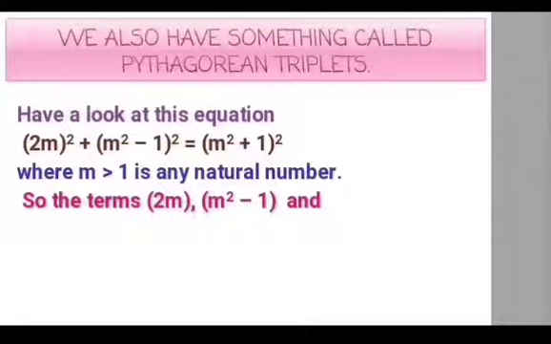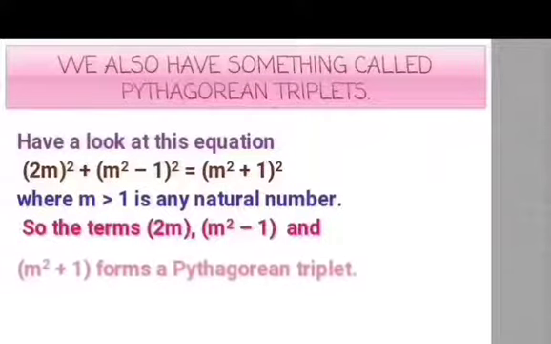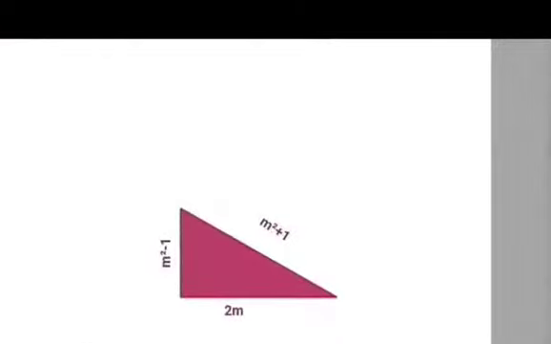Have a look at this equation: (2m) square plus (m square minus 1) whole square equals (m square plus 1) whole square, where m should always be greater than 1, meaning m should always be a natural number, and the terms 2m, m square minus 1 and m square plus 1 form the members of a Pythagorean triplet.